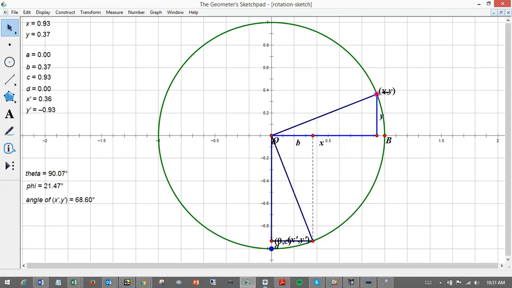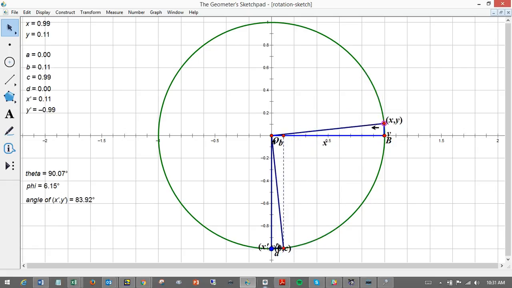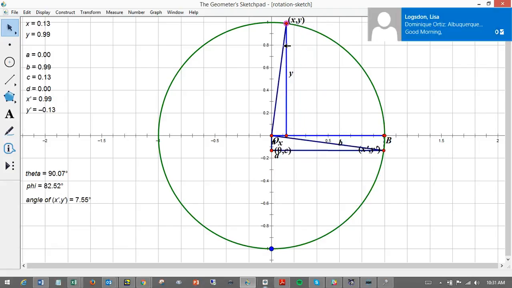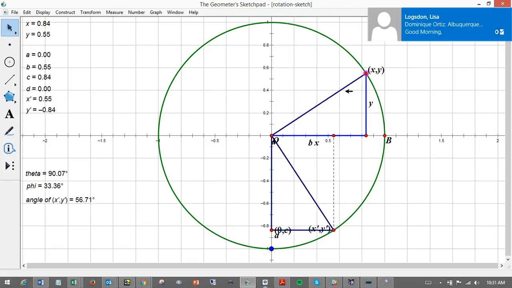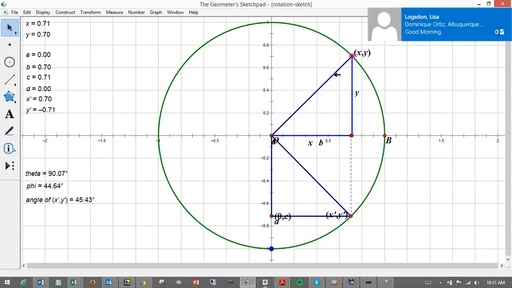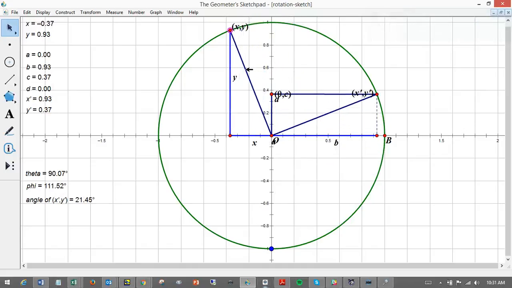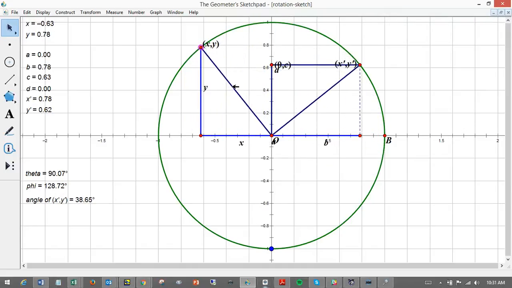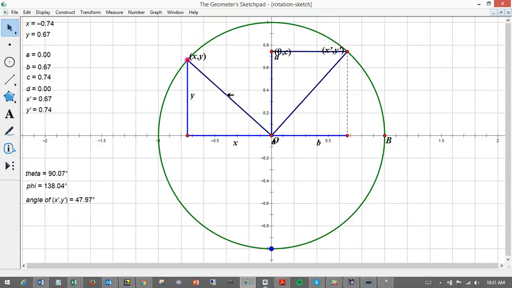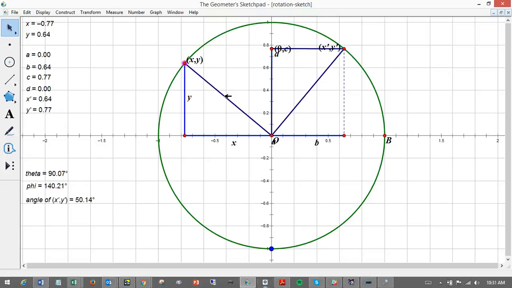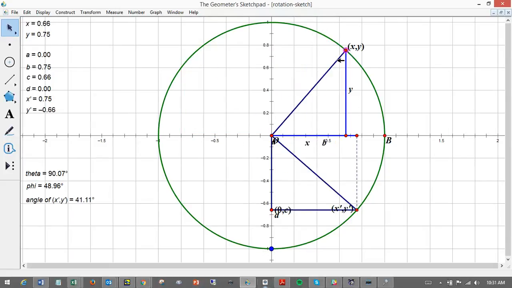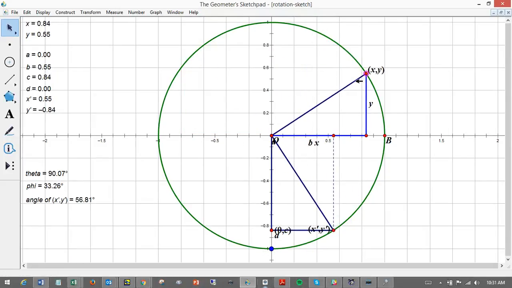If we move the point, notice the closer I get to the x-axis in the original point, the closer I get to the y-axis in the rotated point, and vice versa, which makes sense in terms of the switching x and y. The signs make sense because the first quadrant gets rotated to the fourth, and the second, where x is negative, gets rotated to the first quadrant where x is positive. It all works out.